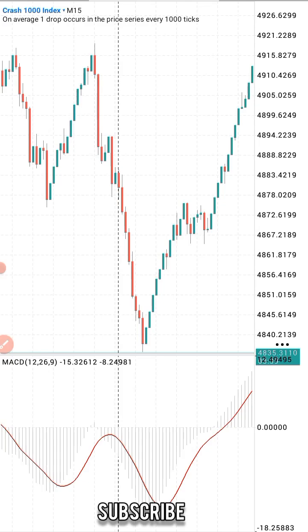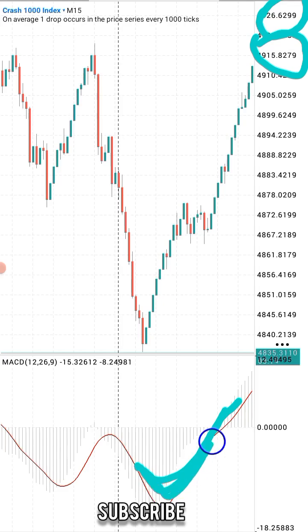Now, basic MACD usage for trend. When the MACD line crosses above the signal line, it indicates upward momentum or an impending uptrend. We're talking about the cross.